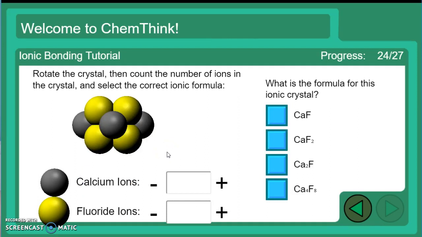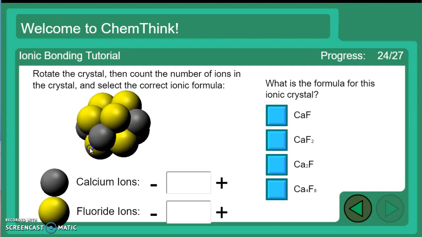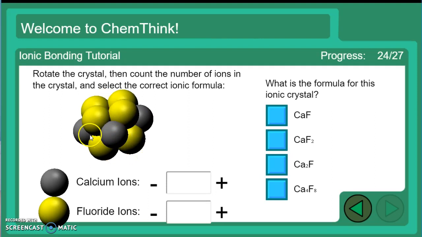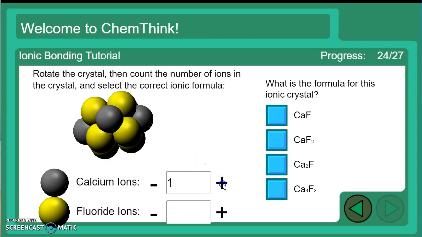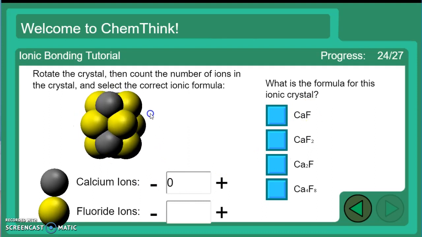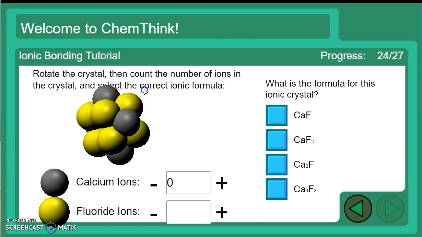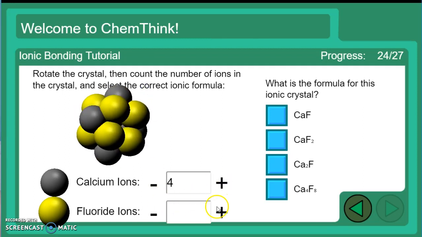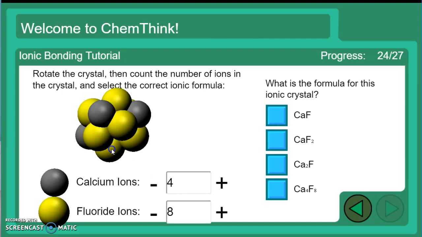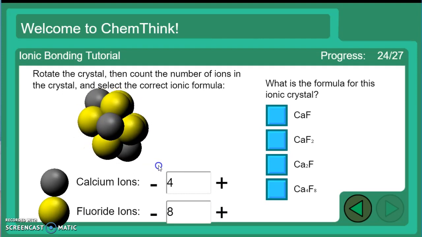But not everything's a 1-to-1. For example, you have calcium and fluorine. You can see there's 1, 2, 3, 4. If you go through and count it all, there looks like there's 4 calcium and 8 chlorine, or fluorine, excuse me: 1, 2, 3, 4, 5, 6, 7, 8.